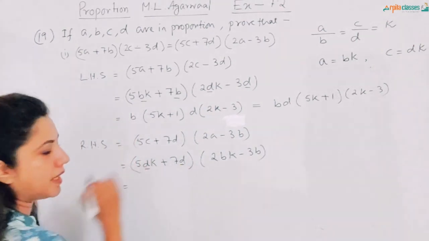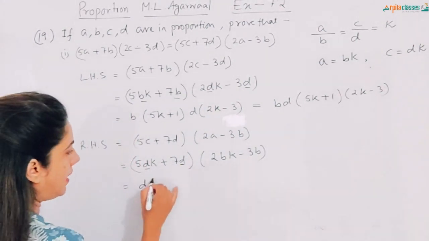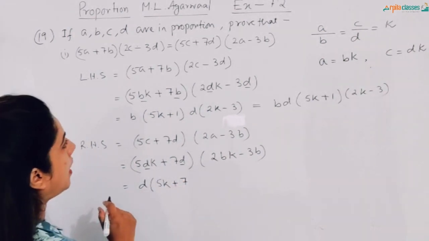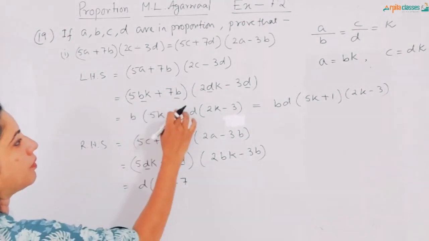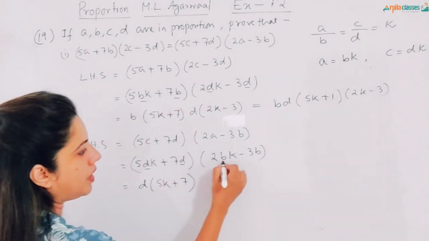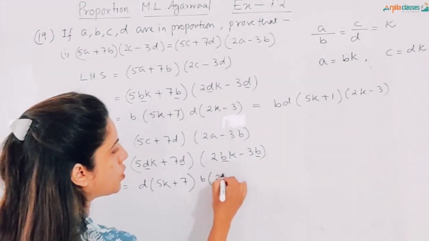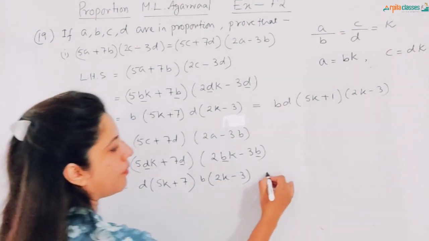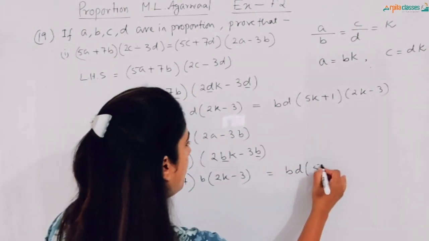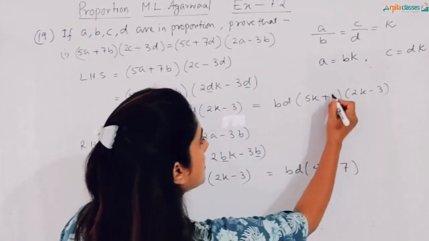So from this I can take d common, it is 5k plus 7. Now here b common, so it is 2k minus 3. If I write it in a proper manner, it will be b into d, 5k plus 7, into 2k minus 3.